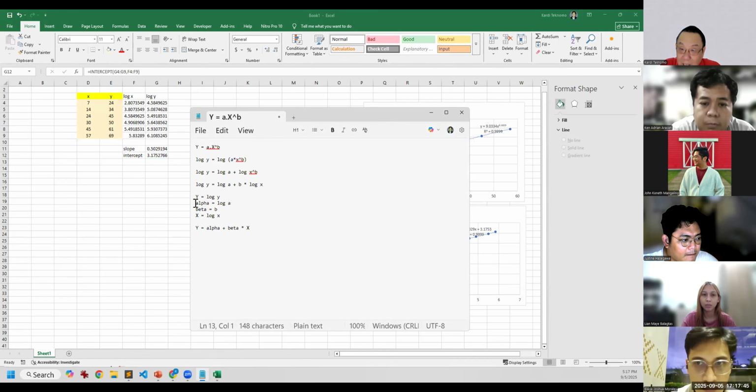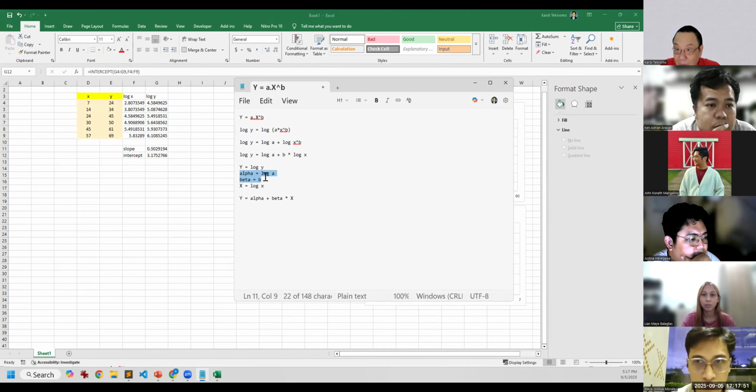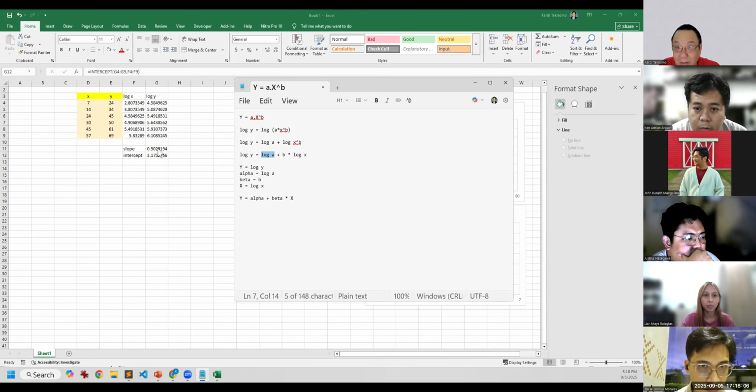So what is the actual result? You're supposed to get alpha and beta. If you look at this, log A is alpha. So what is this log A in our Excel?